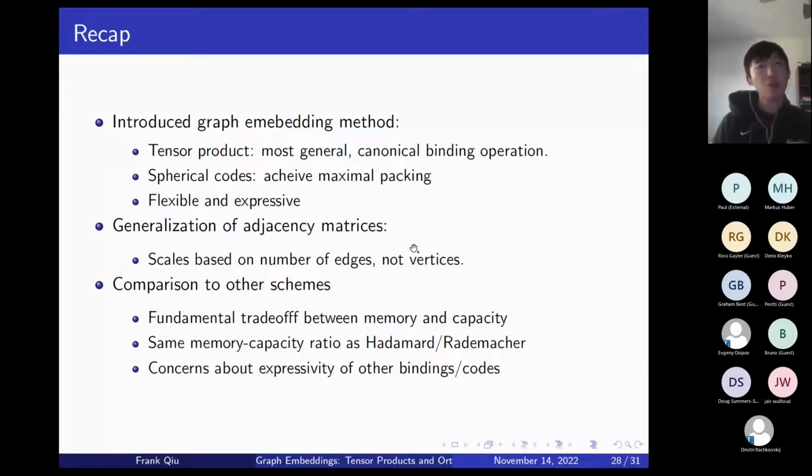In the first part, we also introduced our graph embedding method, showing that the tensor product is the most general canonical binding operation. We showed that the choice of vertex code, the spherical code, achieved maximal packing, and our method is both easy to generate, easy to work with, flexible, expressive, and also has a nice generalization to adjacency matrices.